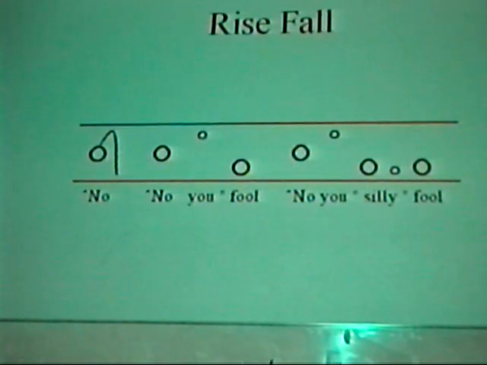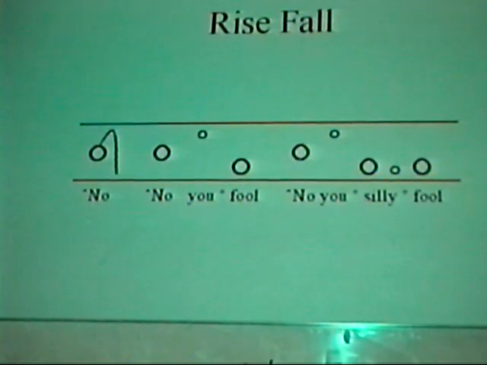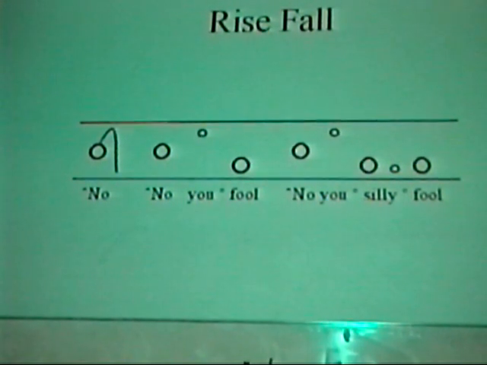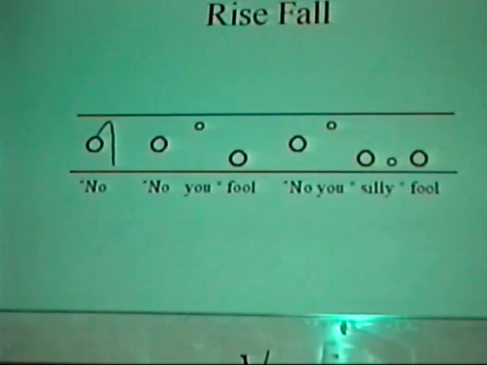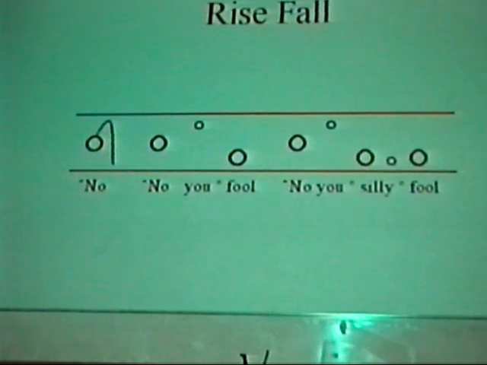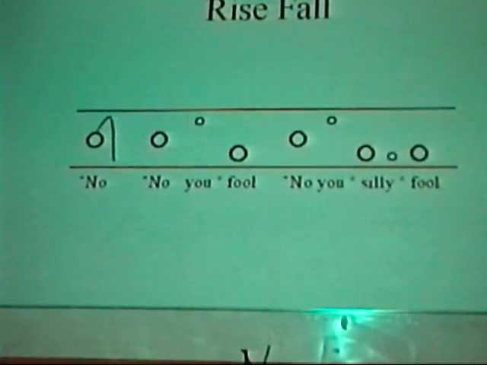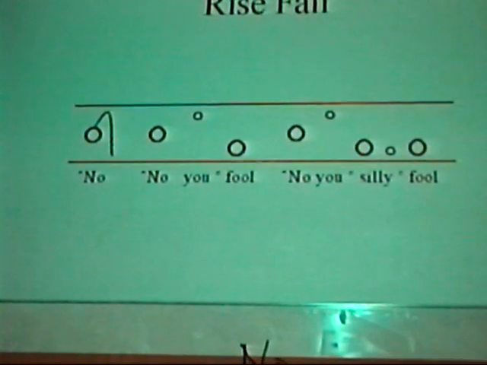Okay, now, those 7 nuclear tones. There are more nuclear tones than that, but the 7 I've described to you are, I guess, the most common ones. You do come across some nasty things like rise-fall-rises and fall-rise-falls, where your voice is going up and down like mad, but not very frequently.